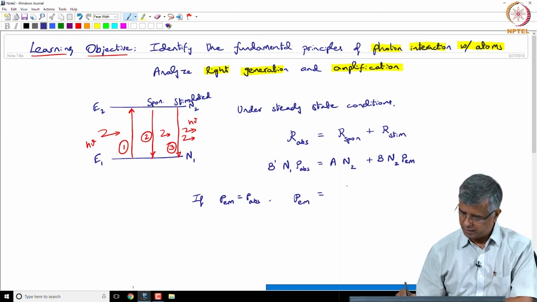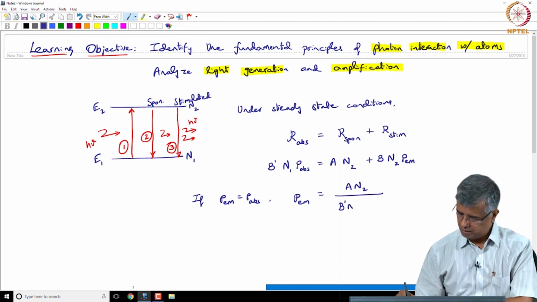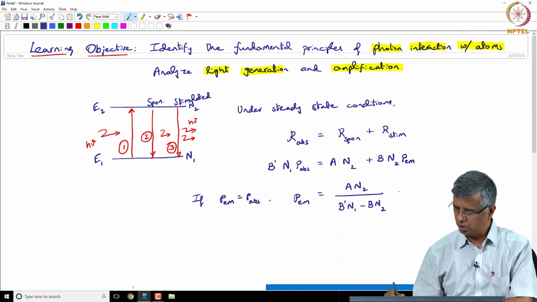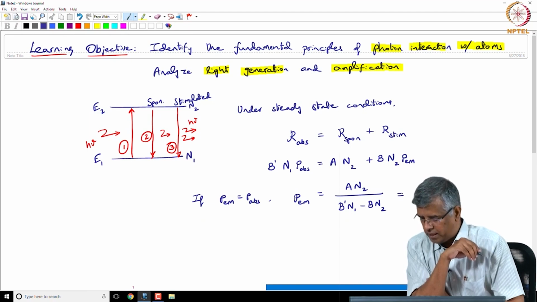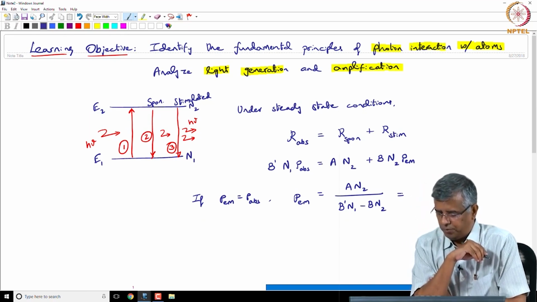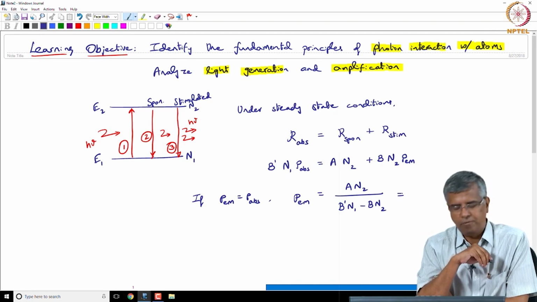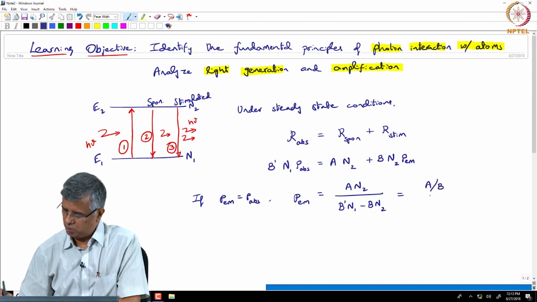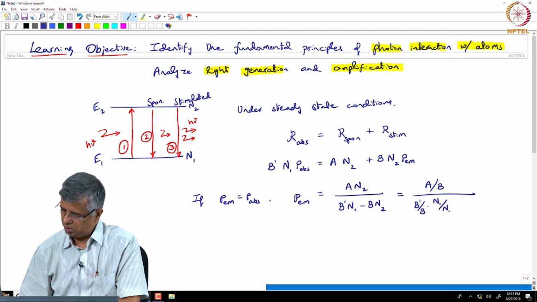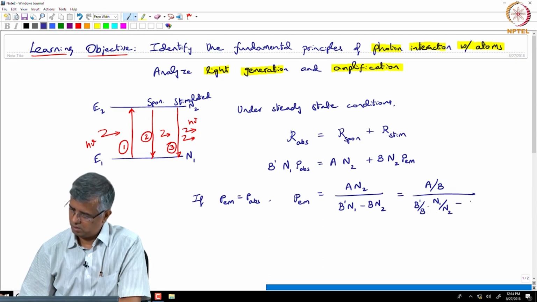When you do that, what you get is A N2 divided by B prime N1 minus B N2, which you can rewrite. Let us say you divide the numerator and denominator by a factor of B and N2. So, you can write this as A over B divided by B prime over B multiplied by N1 over N2 minus 1.